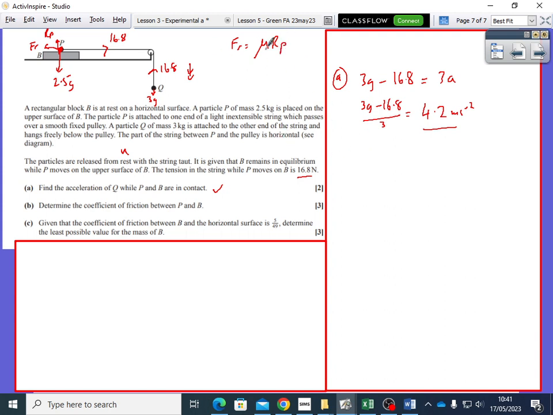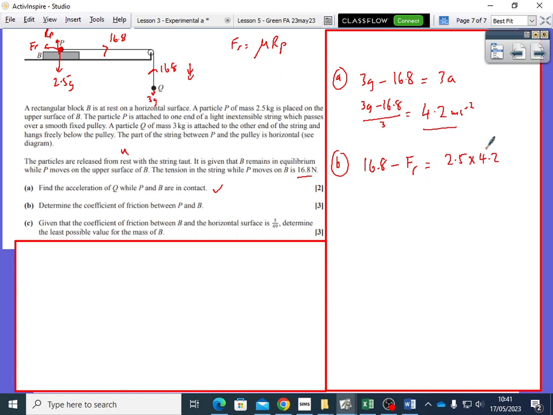Okay, so in this case we know that the particle is moving with an acceleration, and the motion is in this direction, so friction opposes that. So we have 16.8, take away the friction, and that's going to equal the mass of that particle, which is 2.5, times the acceleration, which is going to be 4.2.